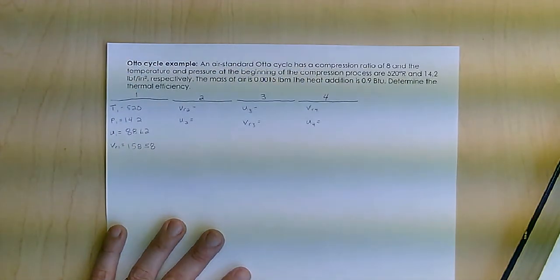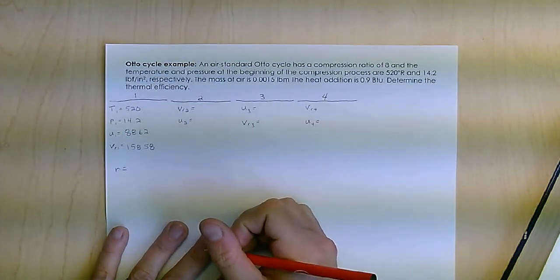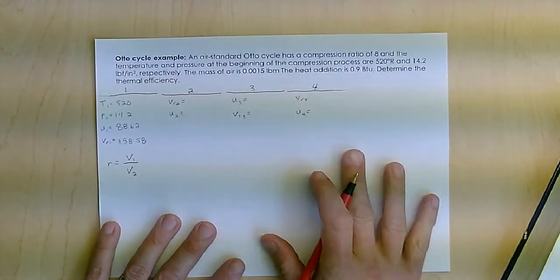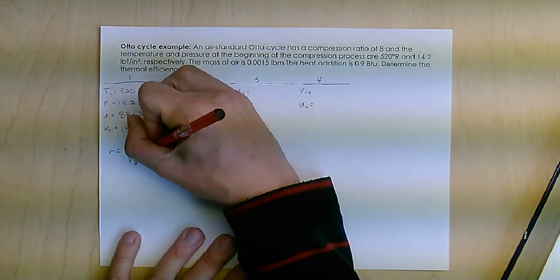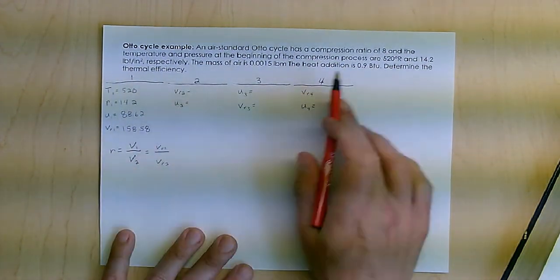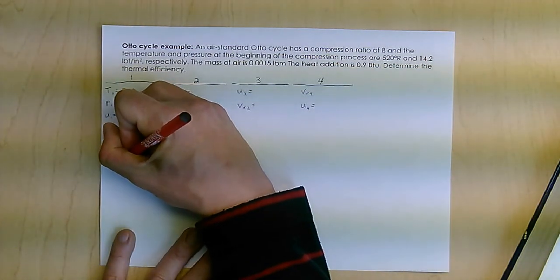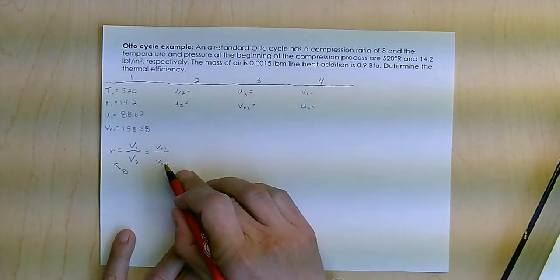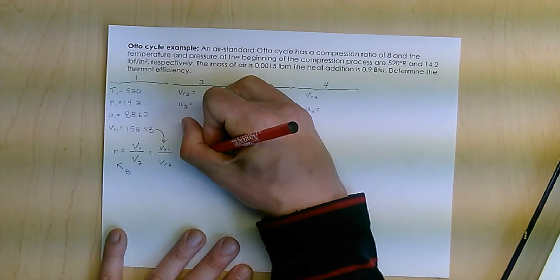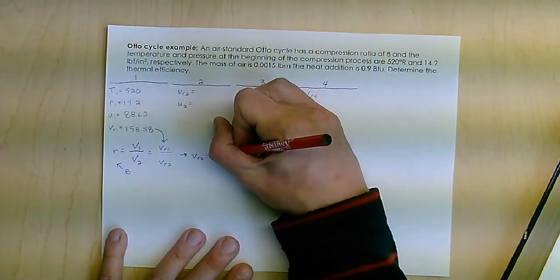Then I'm going to use the idea that my compression ratio R, by definition, is V1 over V2, which for the isentropic process 1 to 2 is equivalent to VR1 over VR2. So knowing that the compression ratio is 8, and knowing VR1 is 158.58, I can calculate VR2, and I find VR2 equals 19.823.